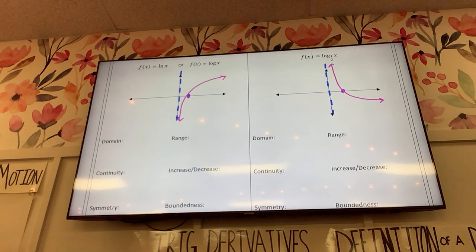All right, so let's look at some of these attributes. Your domain is going to be affected by your asymptote. So depending on where your vertical asymptote is, that's going to affect your domain. On these guys, they're both going to be from 0 to infinity.